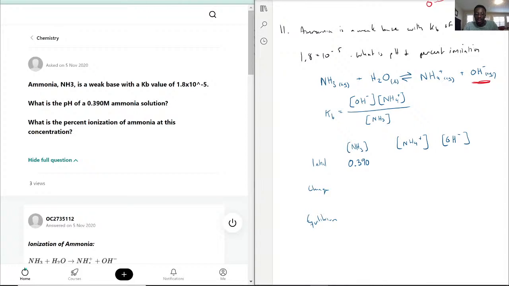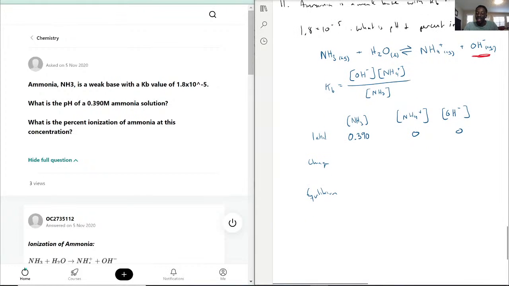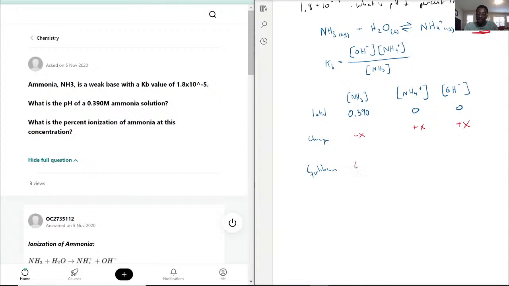Because of that, we started with 0 for these two. For the change, for every mole of ammonia used up, it produces 1 mole of the ammonium ions and the hydroxide ions. So you say minus x, plus x, plus x. And the equilibrium is now 0.390 minus x, and just x and x.